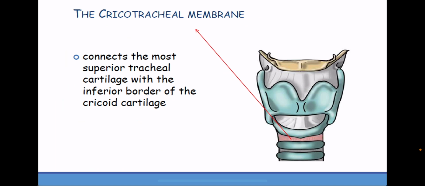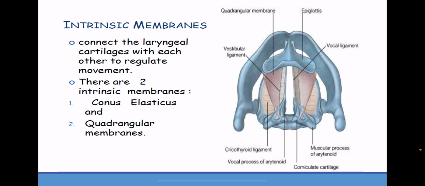The cricotracheal membrane connects the most superior tracheal cartilage with the inferior border of the cricoid cartilage. And the intrinsic membrane connects the laryngeal cartilages with each other to regulate movement.